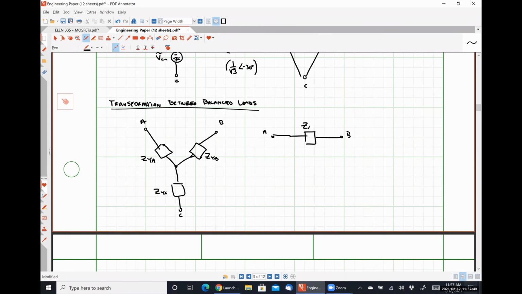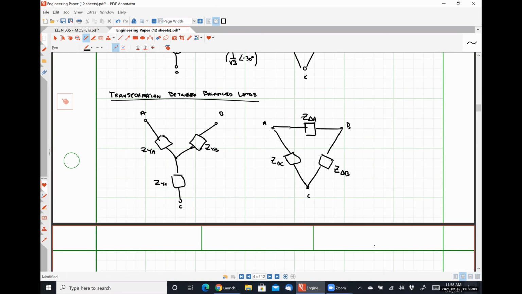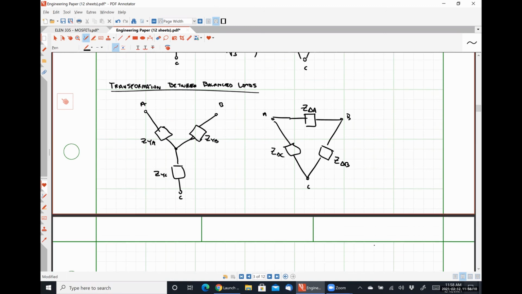So let's call this Z delta A, Z delta B, and Z delta C. I want to convert between these guys.